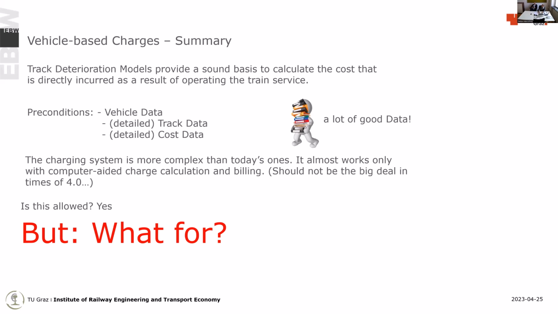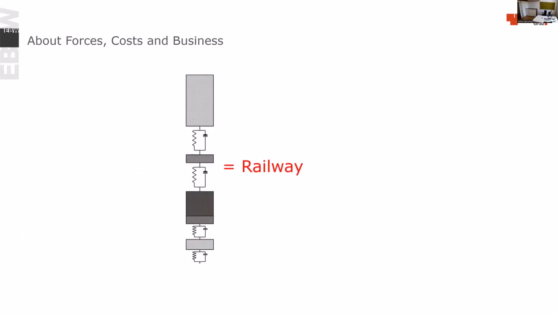And the main goal or the main aspect of the legislation was to install a market in the railways. And if you have a link, and in this case, the charges are the link, which are prices, in every market, prices will steer.